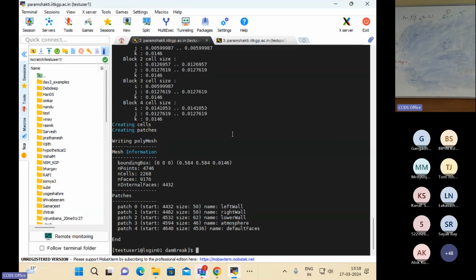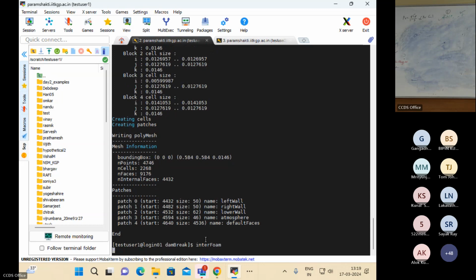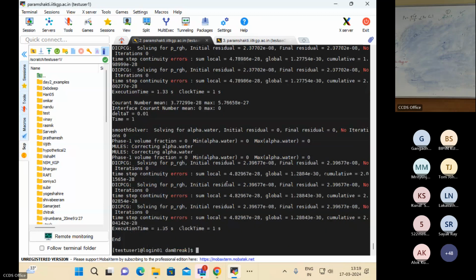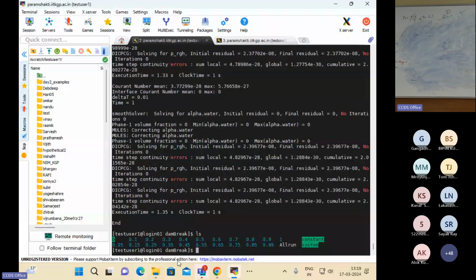So now I have created the blockMesh file, and I will run the solver. So done. These are the results for each time step of the simulation.